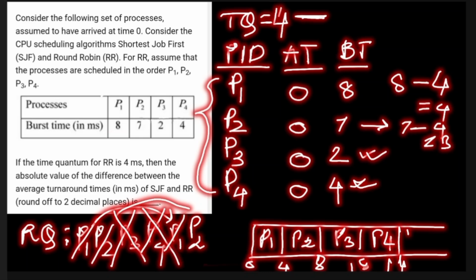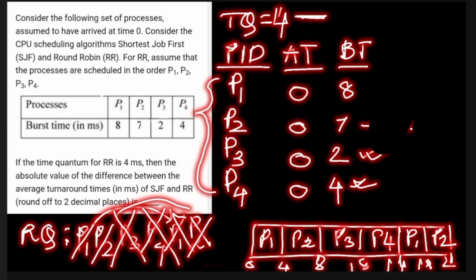So next is P1. P1 has only 4 remaining, so it is 18, and P1 is complete. P2 has only 3 remaining, so P2 finishes at 21. Let us calculate the completion time and turnaround time.